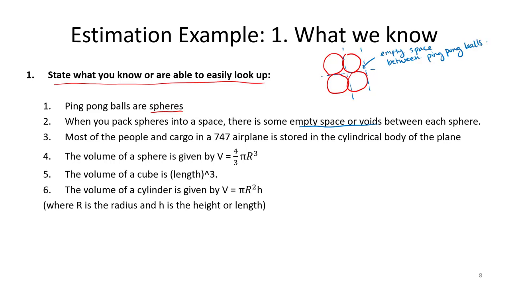So we need to decide how we want to handle that space in our calculation. Next thing, we know that most of the people and cargo in a 747 airplane are stored in the cylindrical body. A lot of the fuel and other components are stored in the wings. So therefore, we can get away, if we wanted to, with assuming a cylindrical volume.